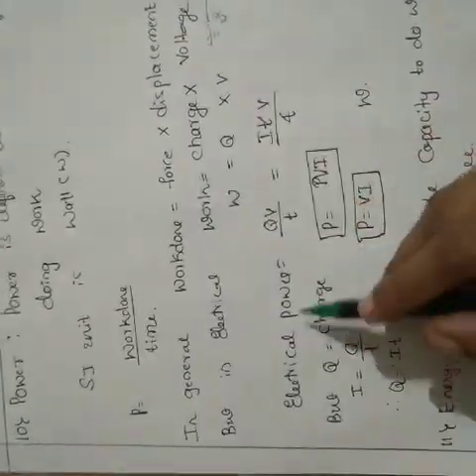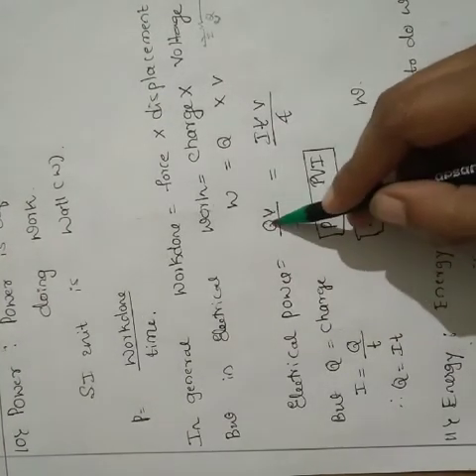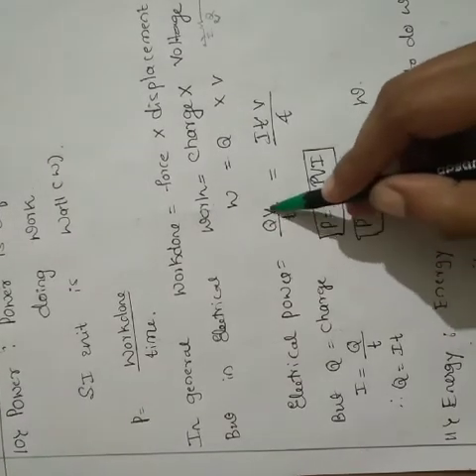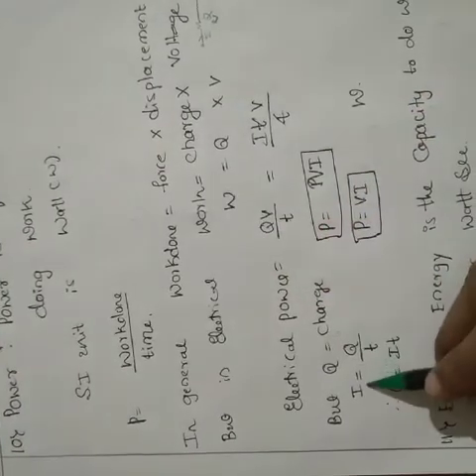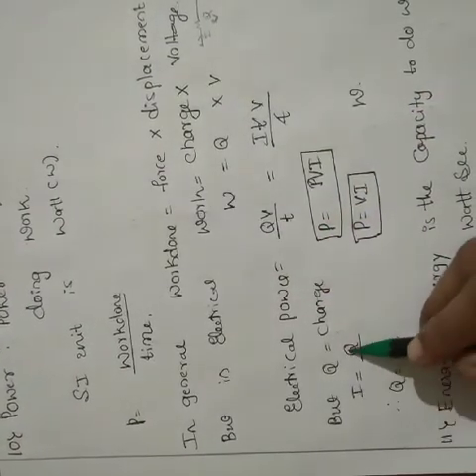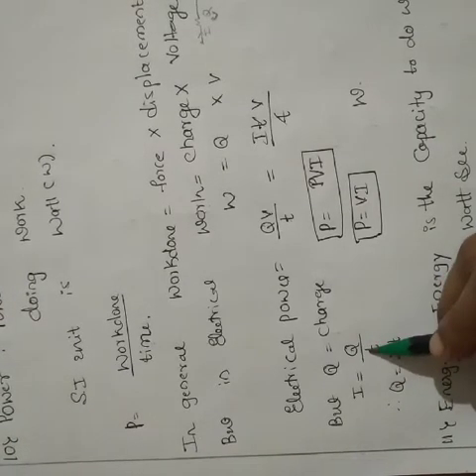Therefore, electrical power is equal to work done divided by time, that is Q into V divided by T. But Q is the charge, and I is equal to Q by T, the rate of flow of free electrons.